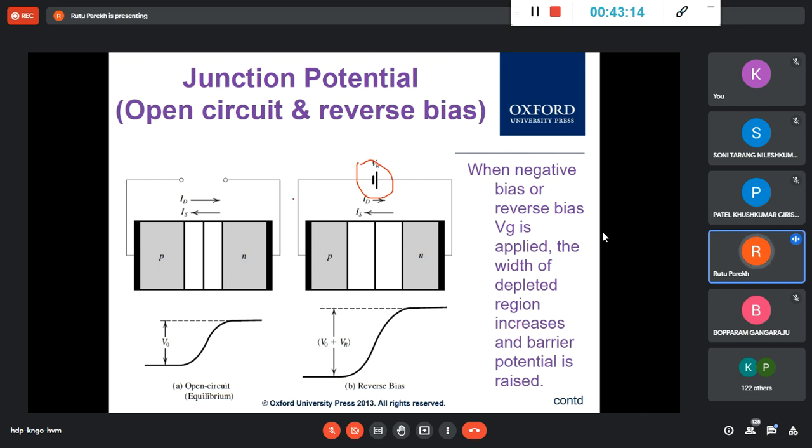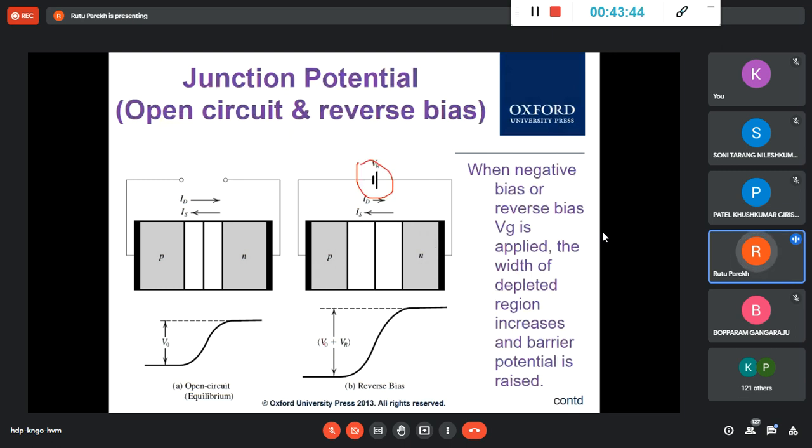Because of that, these charges will be attracted, this is reducing and this depletion region will increase. So this is getting thicker now, and similarly on this side, positive and negative will be attracted, this will reduce, and the depletion region will increase.